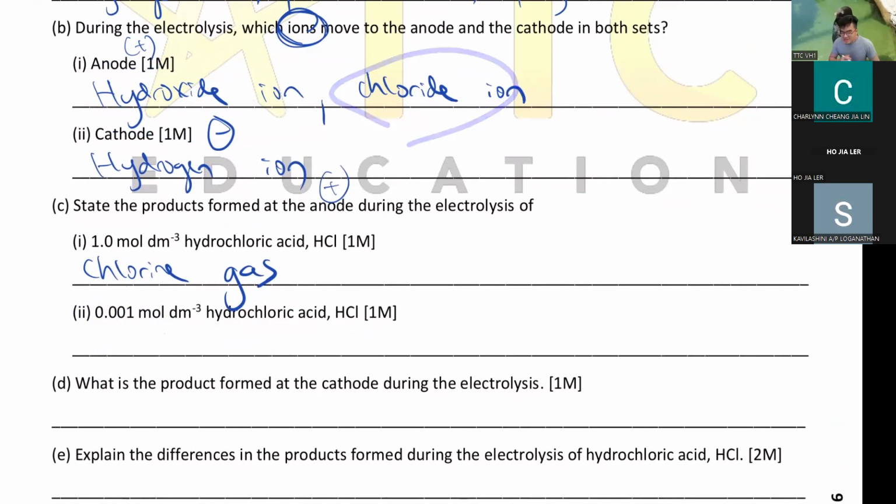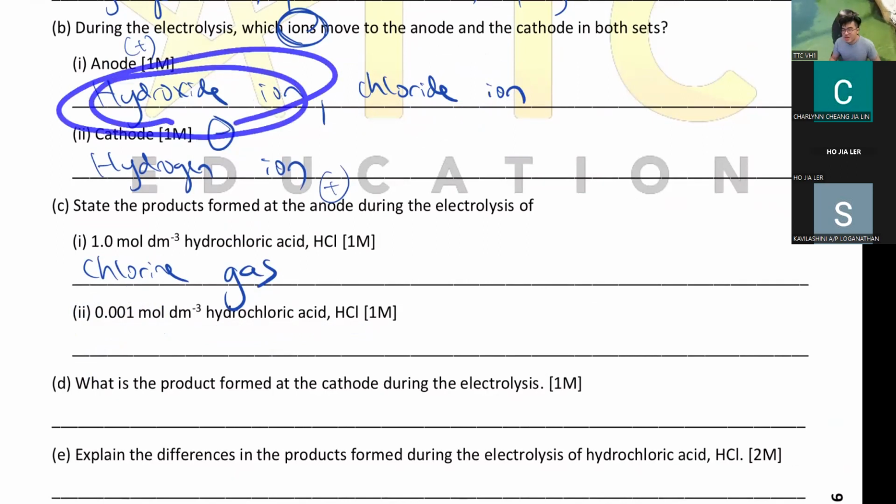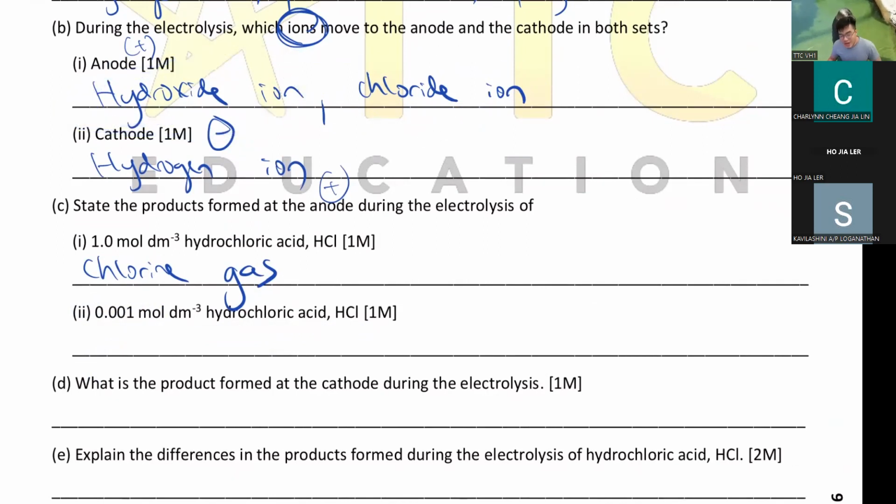If there is no condition whatsoever, we choose the hydroxide. But they want the product, they don't want you to write hydroxide ion. What will hydroxide become? Yes, you will get oxygen gas.